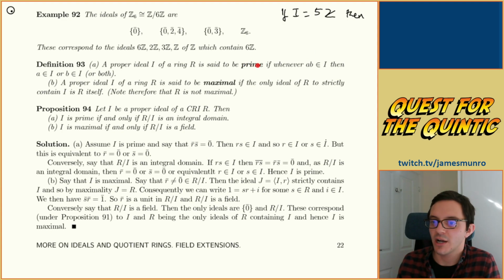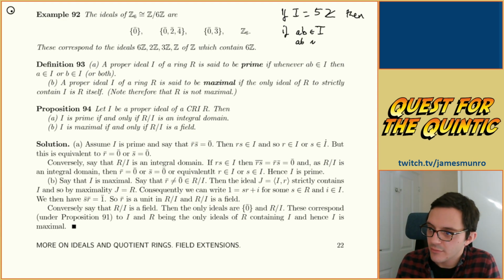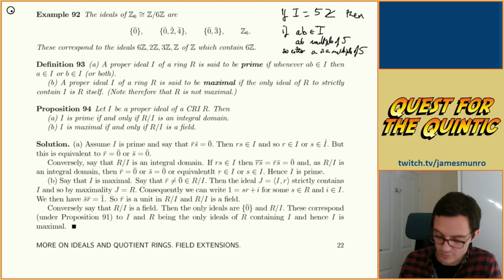I think this is a prime ideal, because if AB is in I, that ideal, then AB is a multiple of 5. So either A is a multiple of 5, or B is.